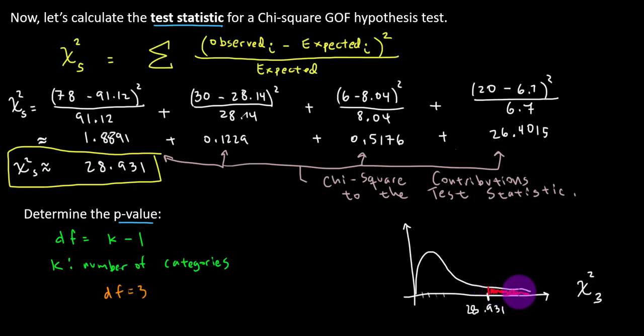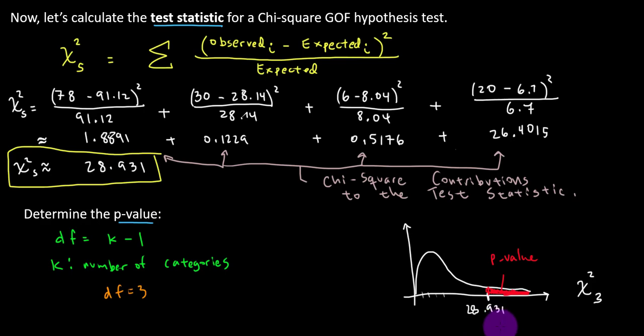So it would be this tail region down here. That's our p-value that we need for this test. Now there's no doubling that's going to occur here because there's not a symmetry occurring with this distribution.